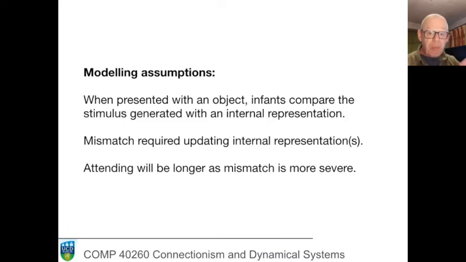And if there's a mismatch, if this is something novel, then there'll be some kind of internal churn in which internal representations are modified and the infant is altered by the experience. If, however, the thing presented is a yawner, has been seen too often before, then it's not of interest, the infant won't pay attention. So the greater the mismatch, the more attention the infant will pay.